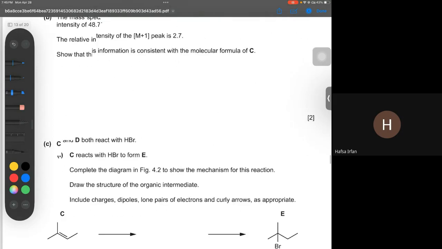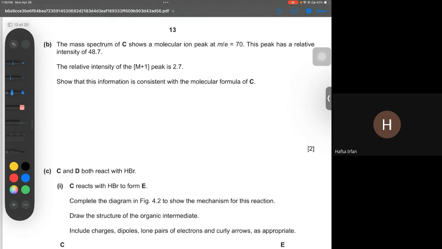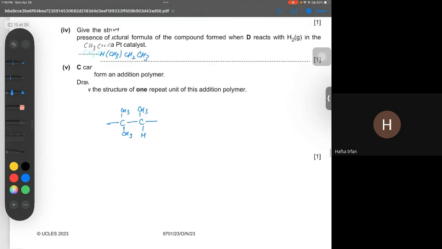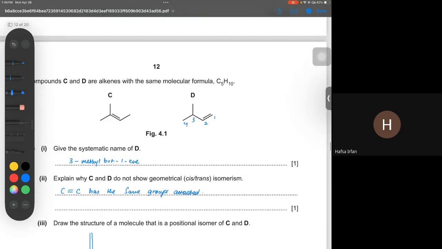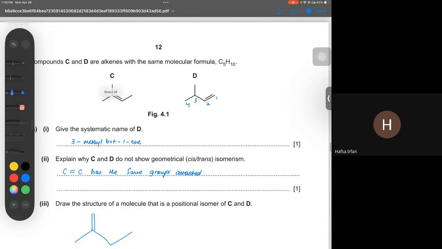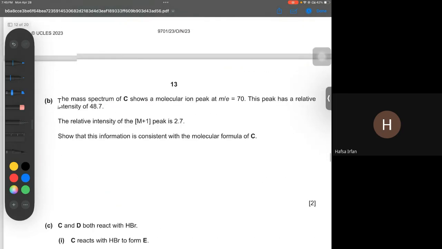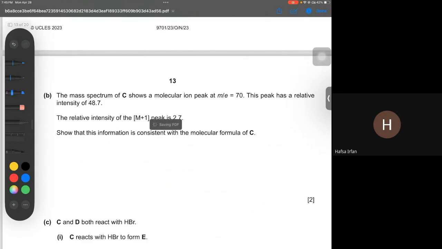The mass spectrum of C shows a molecular ion peak at mass to charge ratio 70. This peak has a relative intensity of 48.7. The relative intensity of the M plus 1 peak is 2.7. Show that this information is consistent with the molecular formula of C. I got the molecular formula of C as C4H8.